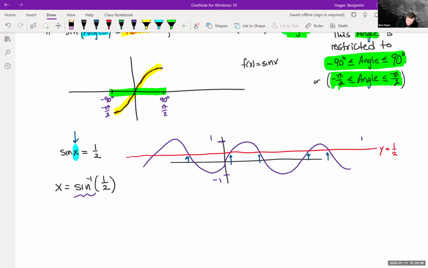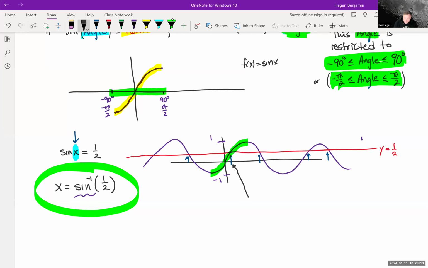The only thing that applies to this function is from -pi/2 to pi/2. So the only answer that's going to come out of this is that one angle value right there, right? Which we know from our unit circle, this would have to mean that x is pi/6 or 30 degrees.